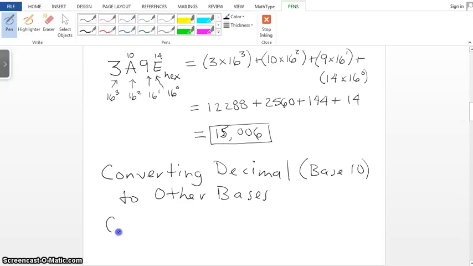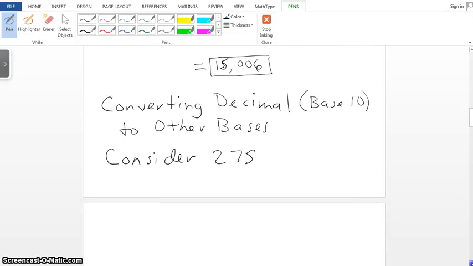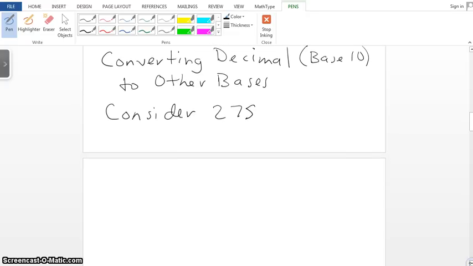Let's consider the decimal number 275. We're actually going to convert it a couple different ways. For part 1, let's convert to octal to start with. Octal is base 8.